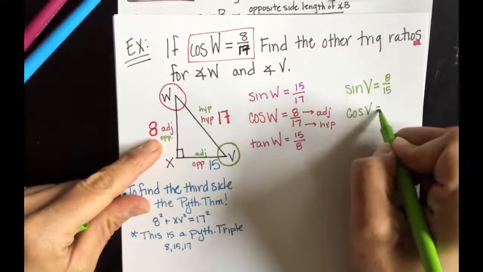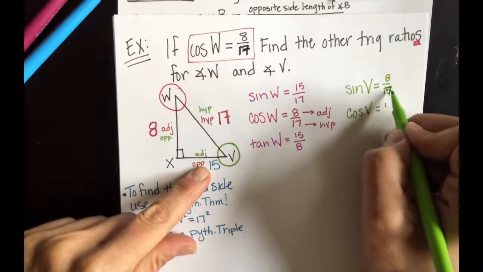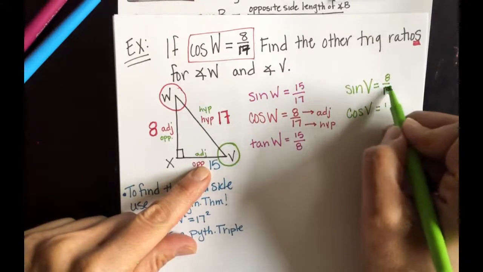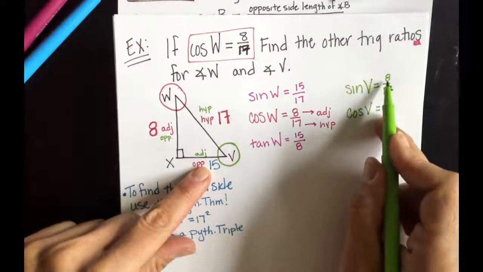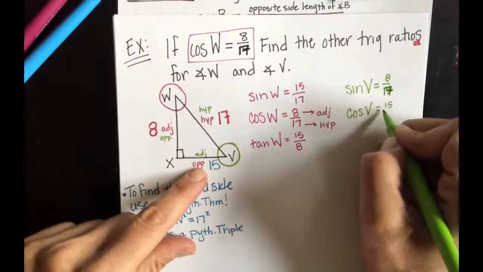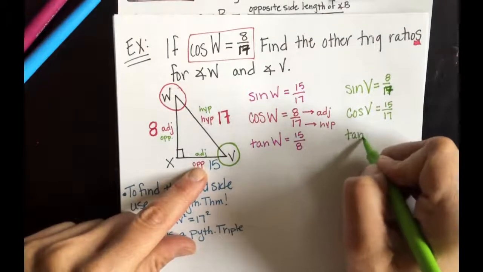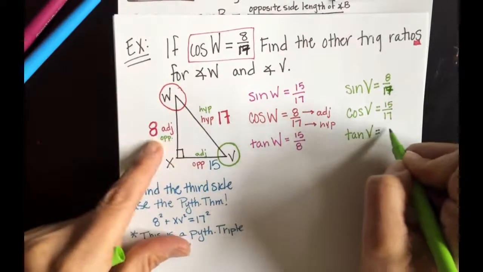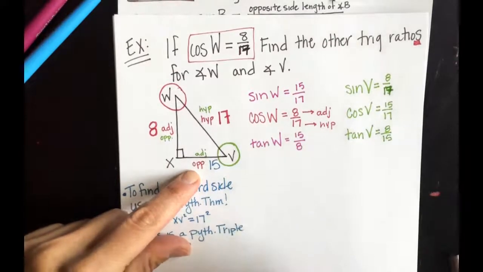Cosine V is adjacent. Oops, dang it, Angie. Yes, you can get mad. I was all ready for that 15 again. Opposite over hypotenuse. Adjacent over hypotenuse. And tangent V is opposite over adjacent.